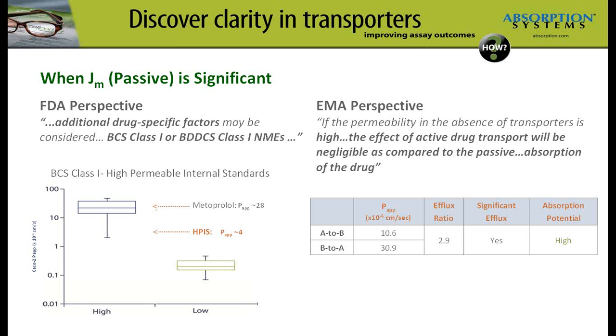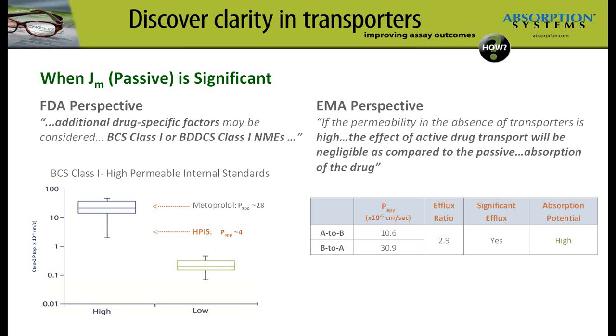Well, if the permeability is higher than the HPIS, the absorption potential in human is close to 100%. Very likely, the sponsor's compound is also going to have high absorption potential.